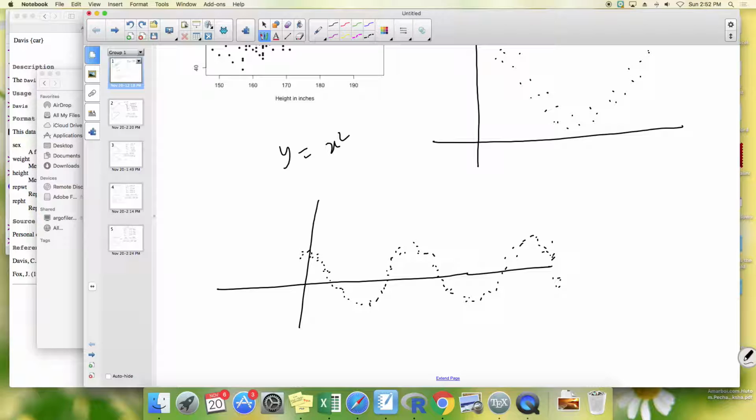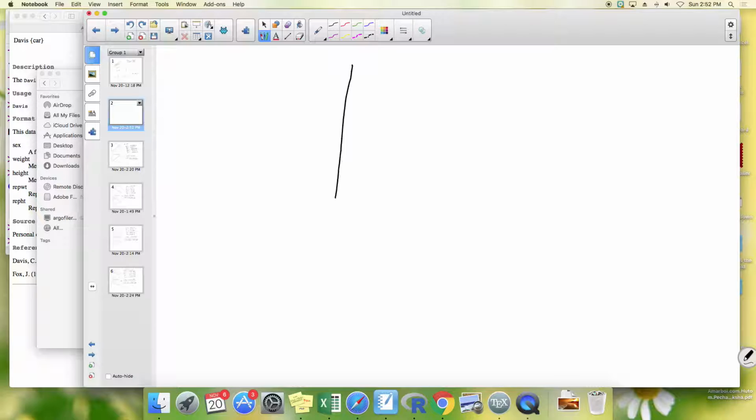That means there is like y equal to cos x, some pattern like this, or maybe the data is just like a blob. By a blob I mean the following. It's just a bunch of points and you don't know what to make of it.